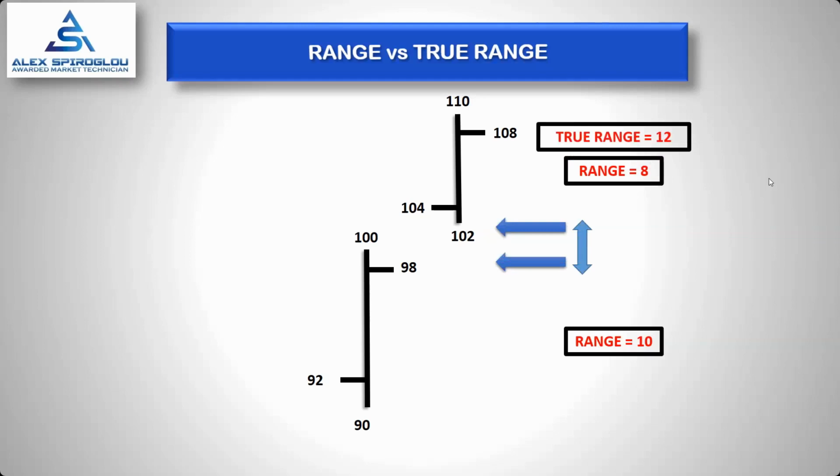When the market closed at 98 and went all the way to 110, that's its true fluctuation. So the true range accounts for that gap as well, and obviously you're measuring it from the previous bar's close.